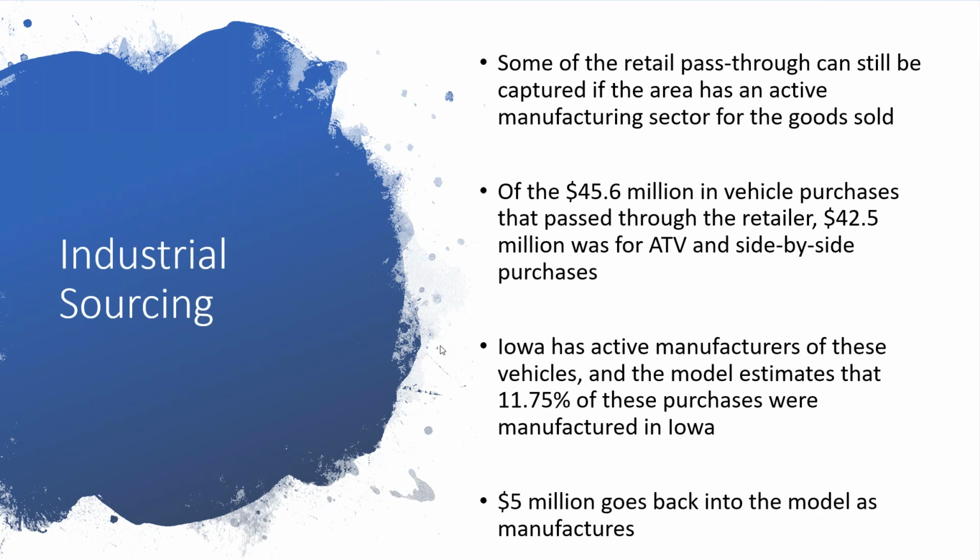That's why sometimes you see a final output number that's lower than your actual expenditure. And if you do a model like this, you want to watch for that, because a lot of folks don't want to explain how that works, and they'll juggle your direct numbers, or they'll juggle your retail margins, so that doesn't show up, and that almost always gives you an overestimate of the value of your industrial sector.